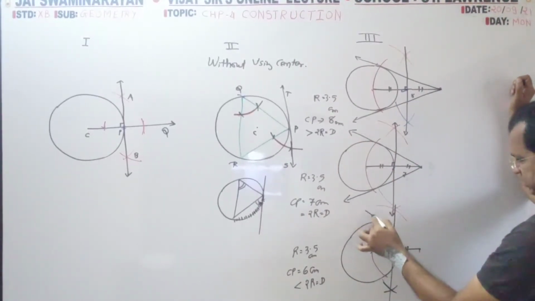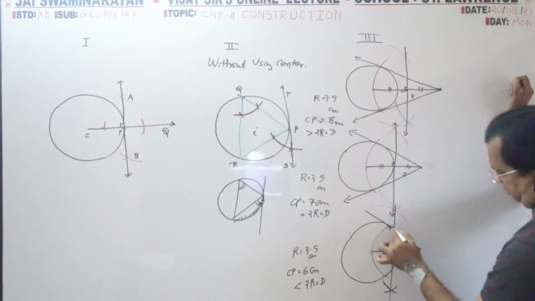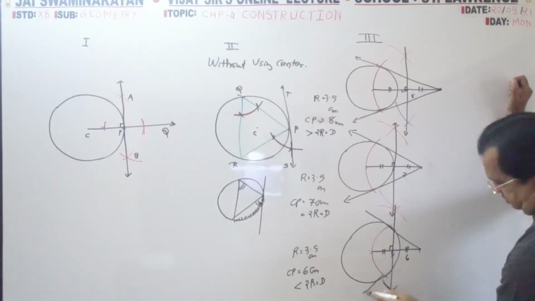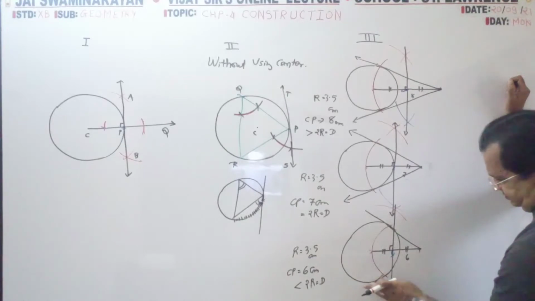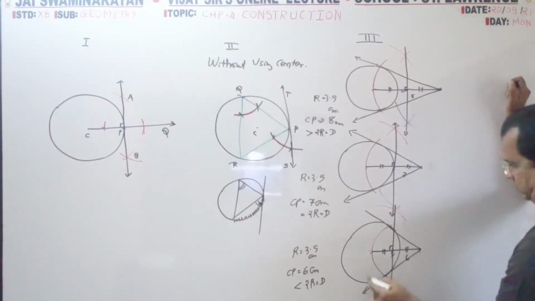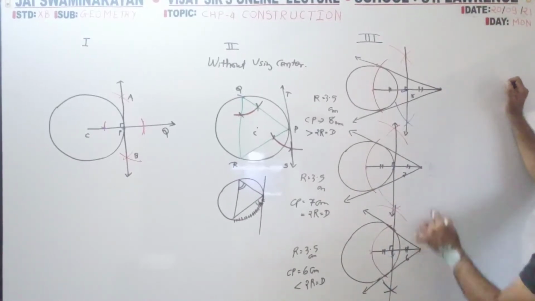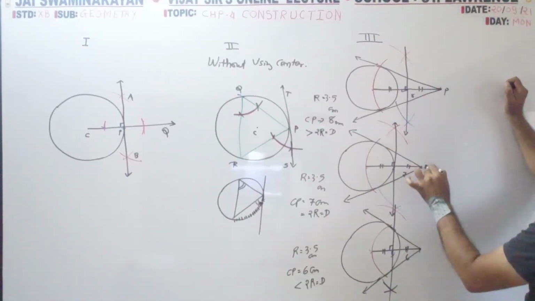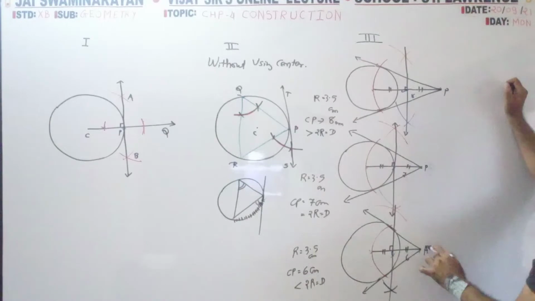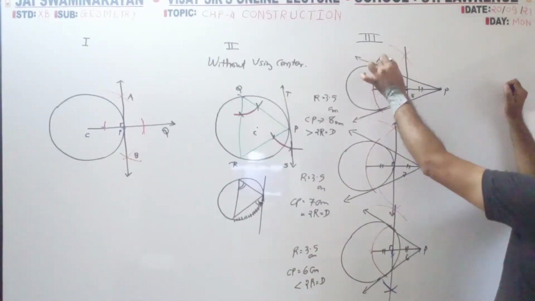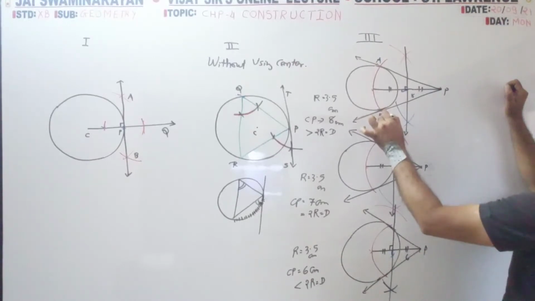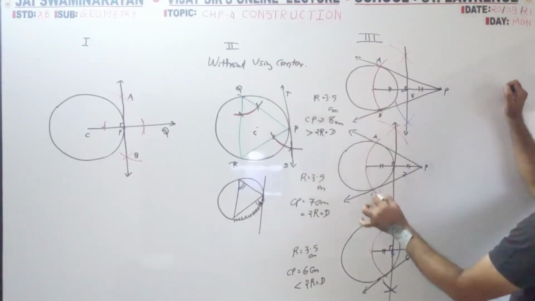From this point, cut the circle. So this is the P point. PA, PB.